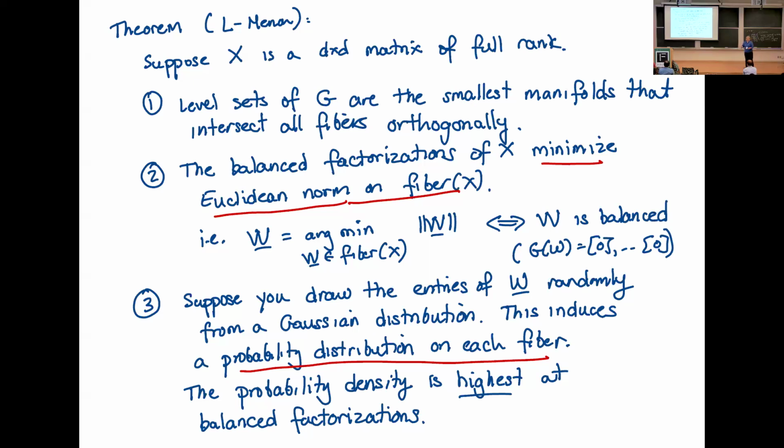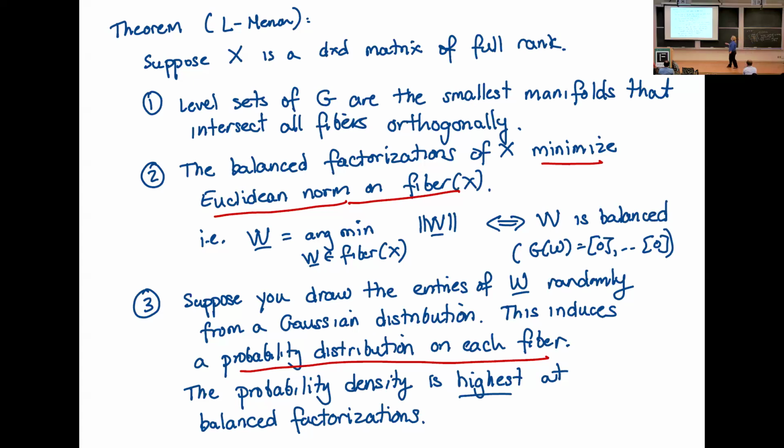For each of those factorizations, you can compute the norm of that vector of matrices. The balanced ones are the ones where that norm is as small as possible. So said precisely, a particular factorization minimizes the norm if and only if this quantity G is the zero vector, meaning balanced.